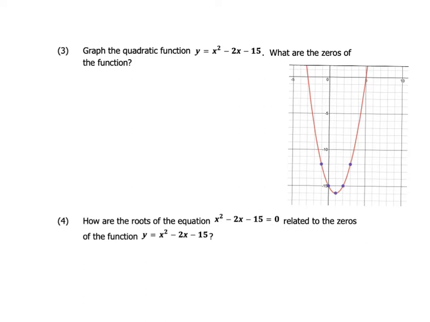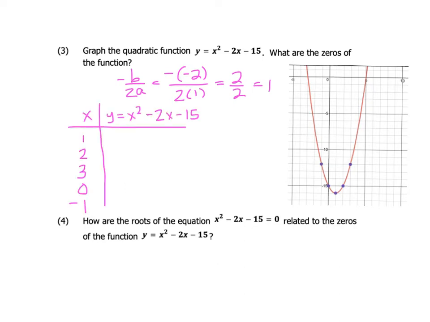I know you see it graphed, but that's for your viewing pleasure, and you still need to know how to graph this. We use negative b over 2a, which is the negative of negative 2 over 2 times 1, which is 2 over 2, which is 1. So my vertex is going to occur at x equals 1, and I'll want to set up a table of values.